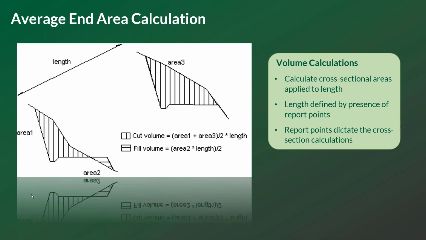And that's because it's calculating more cross sections. Again, remember, point of diminishing return, though, you have to find a balance point for performance in your computer. And those, again, are engineering decisions that you get to make. So report points are going to dictate where these cross-section calculations happen. Yeah, and it's a very, very important calculation that's happening within the software.